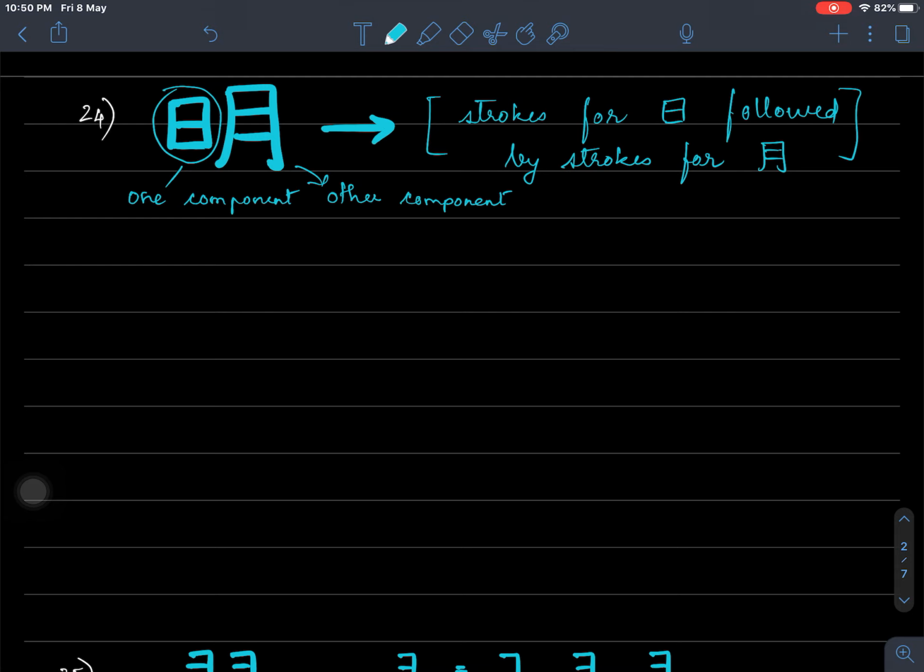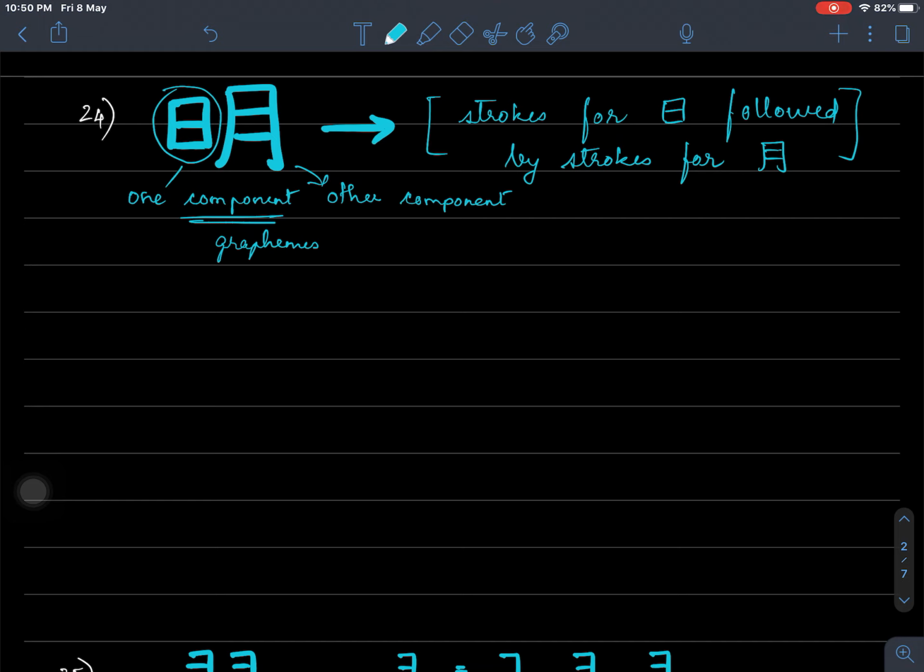For those of us who have the book, these components have been called graphemes. So that's what the word grapheme means. They're just talking about a component of the entire kanji.